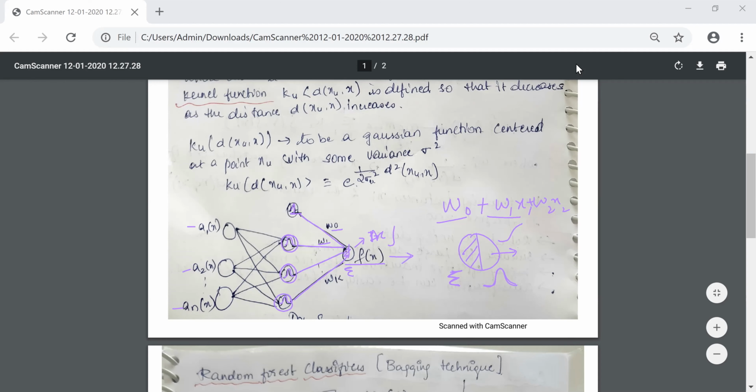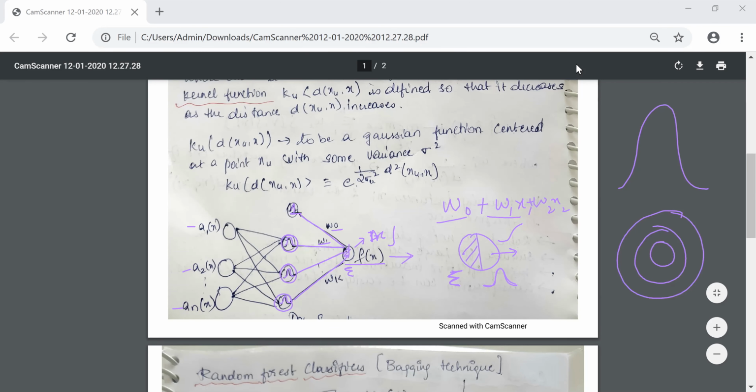So there are two very important points to note here. The first is how exactly the distance of a particular mean value with respect to the given data point is being considered using the radial basis function, where it gives a lot of weightage to the radius function, which I represent in the form of a bell curve and its particular distances.